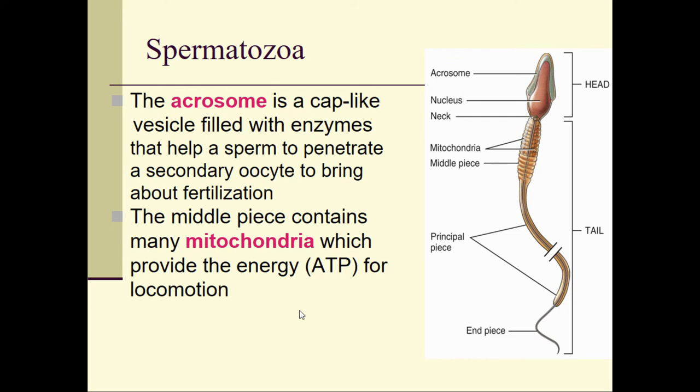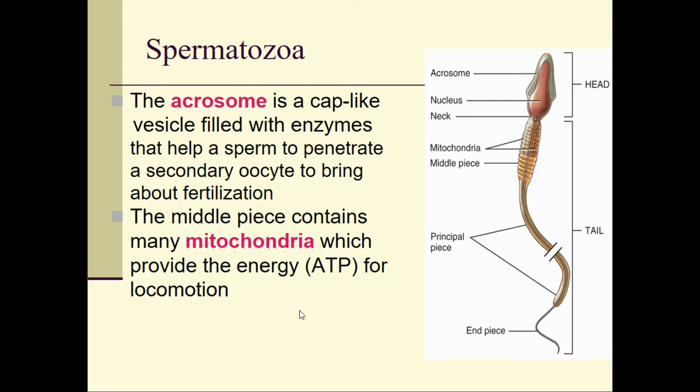So this is what a single sperm cell will look like. The acrosome is a cap-like vesicle with enzymes that help a sperm to penetrate a secondary oocyte to bring about fertilization. So it's not simply the first one to get to the egg. It's the first one who can penetrate the plasma membrane of the egg.